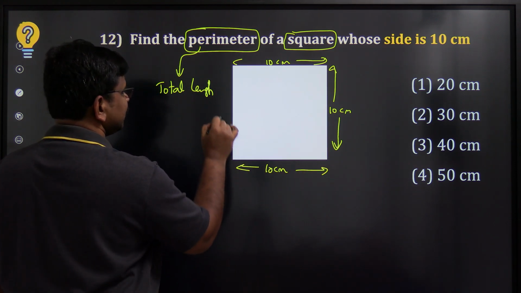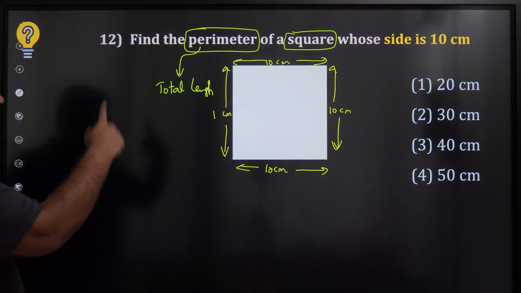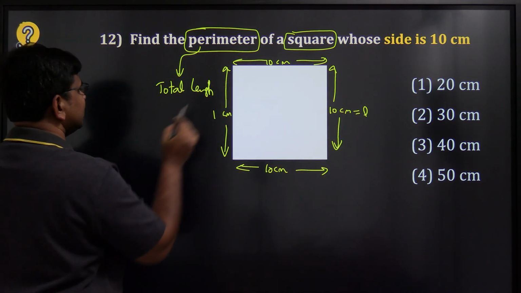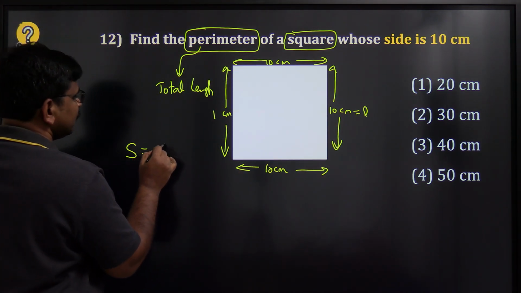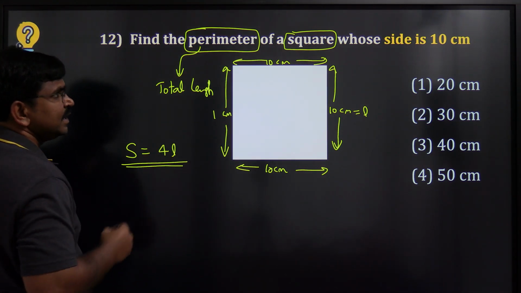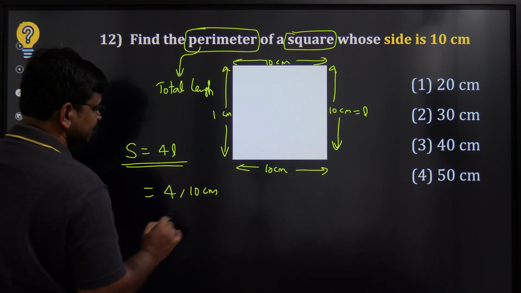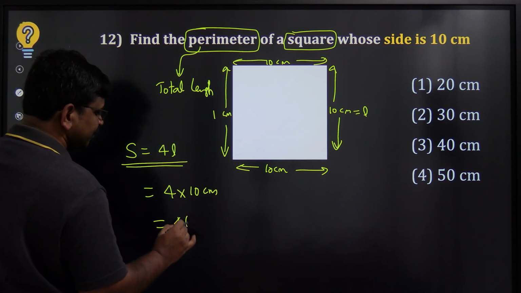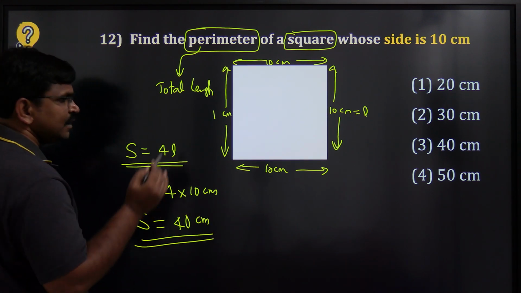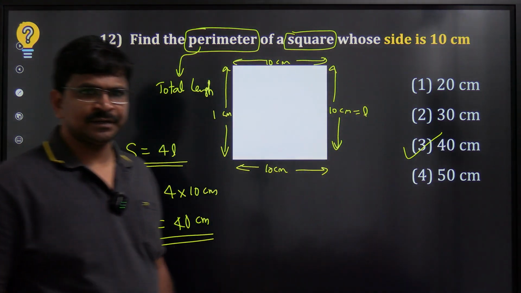And this is also 10 centimeter. Yes. Total length means, suppose if I assume this as L, so L plus L plus L plus L. So the perimeter is equal to 4L. What is perimeter? 4 times L. L is given as 10 centimeter. So 4 times 10 centimeter, which is 40 centimeter. This is about perimeter. So the correct answer is 40 centimeter.